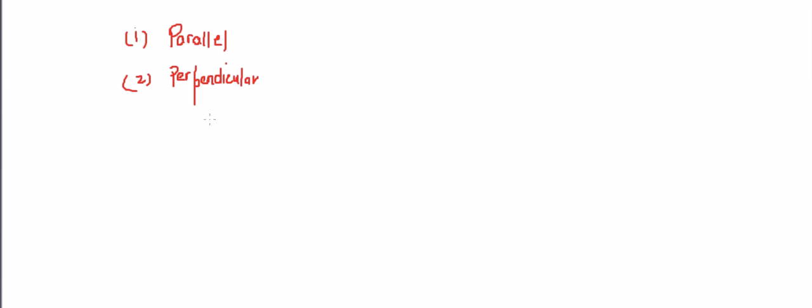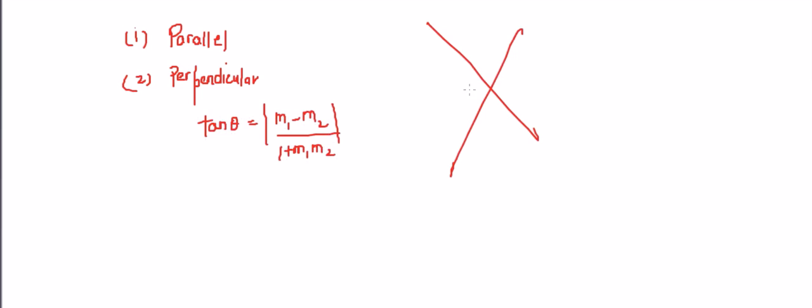Because we know tan theta is equal to (m1 minus m2) over (1 plus m1 m2). These are two lines and their angle is theta. If these two lines are parallel, clearly the angle between them is 0. There's no angle. So in place of tan theta, I'll write 0.